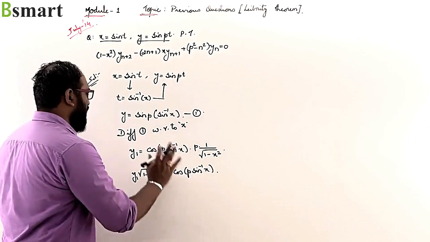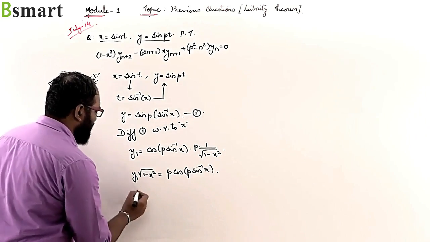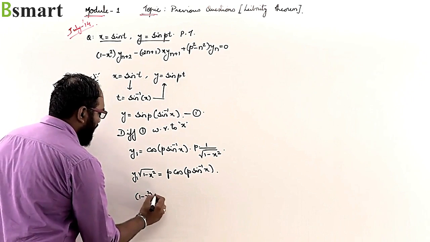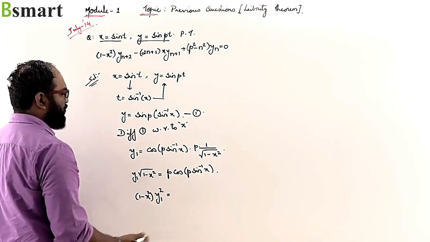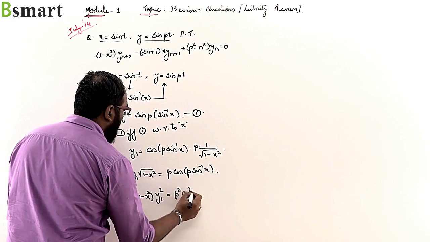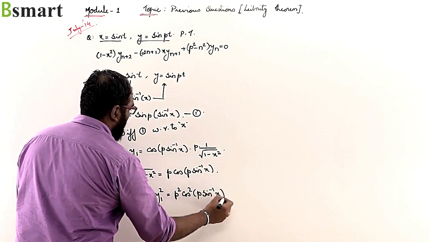Now I'll square both sides: (1 - x²) y1² = p² cos²(p sin⁻¹ x).